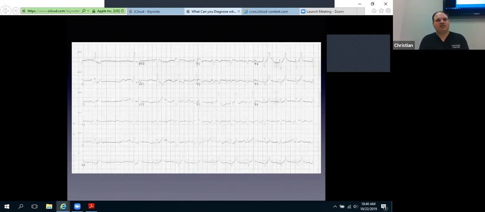I'll have to look, I have the chart somewhere else. I don't think they RSI'd. If they did, that could have further complicated things, depending on what agents they used. Either way, this patient went into cardiac arrest, got CPR for about 10 to 15 minutes, got those medications I mentioned, and then was pronounced.